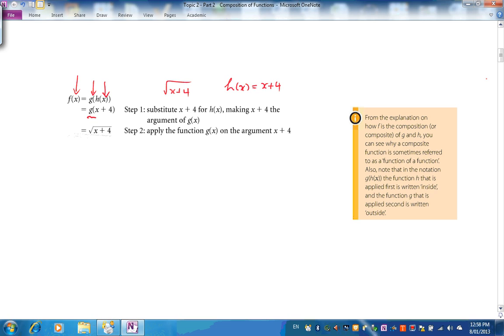So you're applying one function to the result of the other. It's sometimes called, and Pearson's used it here, a function of a function. So you apply the function to the variable x, get an answer, get a range value if you like, and then put that in place of x in a second function. So you're composing g of h of x, sometimes written as function of a function. So it's a way of explaining how we can build bigger and more complicated functions.